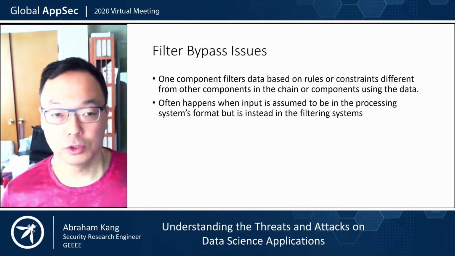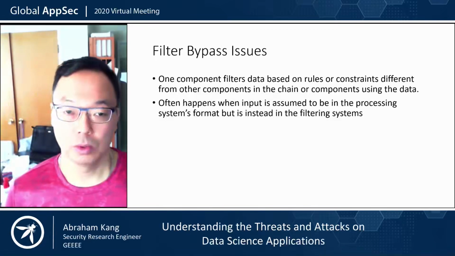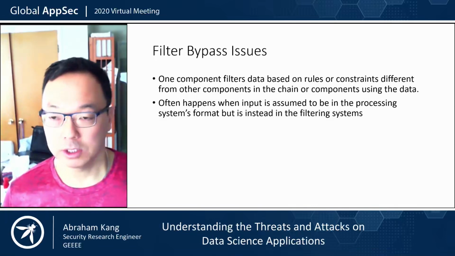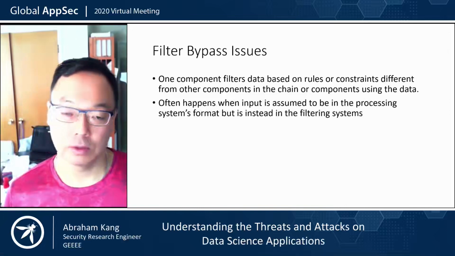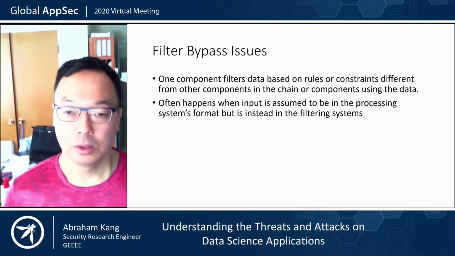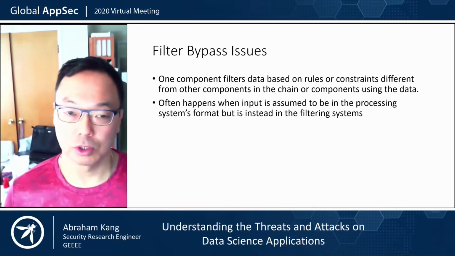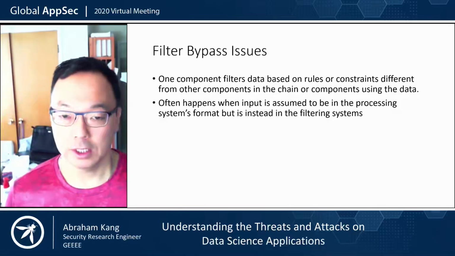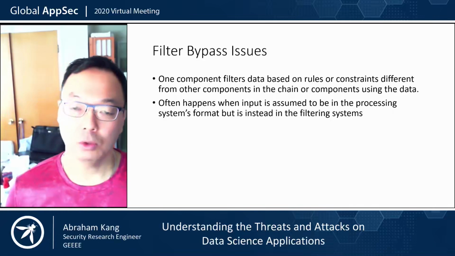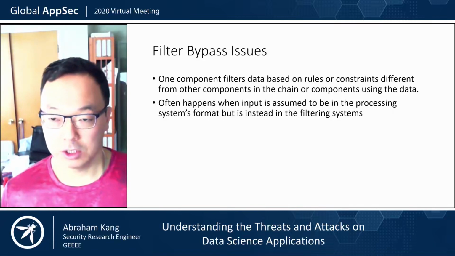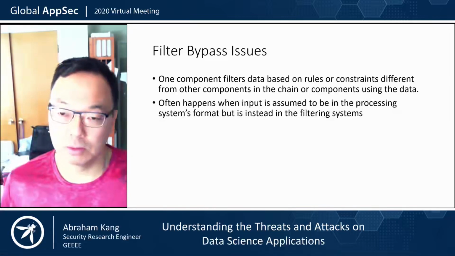So we also have filter bypass issues. What you're going to see is that you have different processing components that can be chained together and reused, and they're going to make certain assumptions about the rules or constraints on their data. And when you have differing rules or constraints between components in a chain, you're going to find security vulnerabilities.